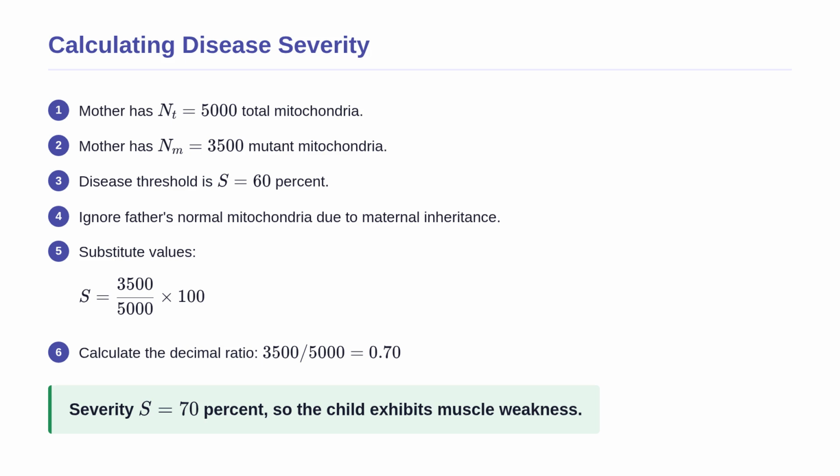The threshold for showing symptoms is 60%. We substitute our values into the heteroplasmy formula, dividing 3,500 by 5,000, which gives us 0.70. Multiplying by 100 gives a final severity of 70%. Because 70 is strictly greater than the 60% threshold, we can conclude that the child will indeed suffer from muscle weakness.